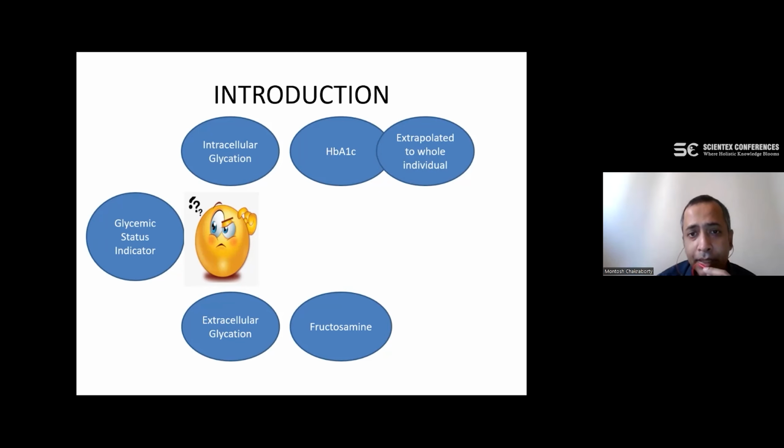So HbA1c is an intracellular glycation. Do we have any other glycemic status indicator?